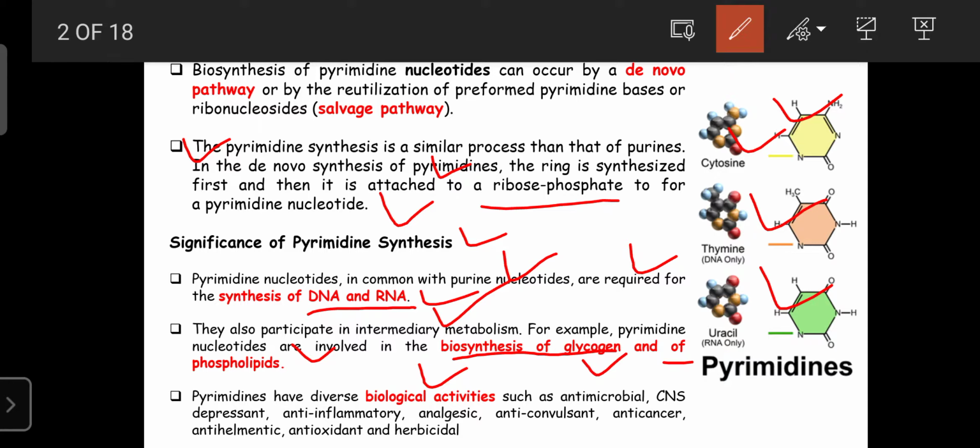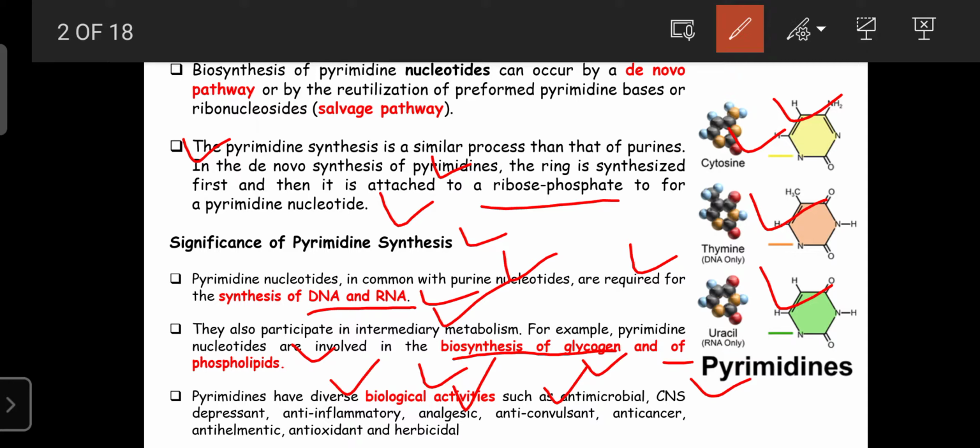So these pyrimidine derivatives are mainly used as antimicrobial agents and also as CNS depressants. That is why they are helpful for the treatment of convulsions and many CNS disorders, and they can also treat sleeping problems, as they induce sleep. They are also helpful for the treatment of inflammation because they have anti-inflammatory and analgesic activity, and anticonvulsant activity, helpful for the treatment of epilepsy or convulsions.